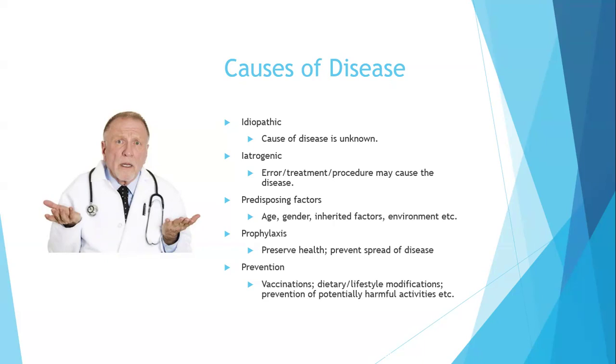Prophylaxis is something that's used to preserve health or prevent the spread of disease. So a prophylactic measure is whether it's used by an individual or the whole community, whatever. We're trying to prevent the spread of disease.